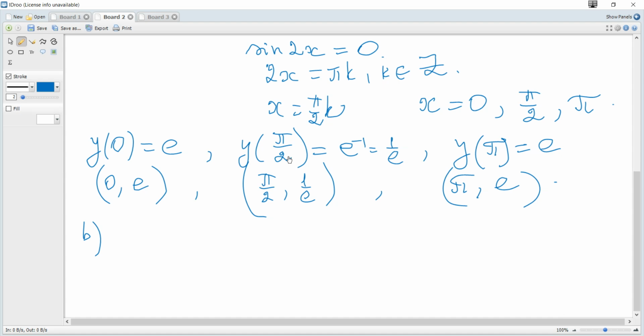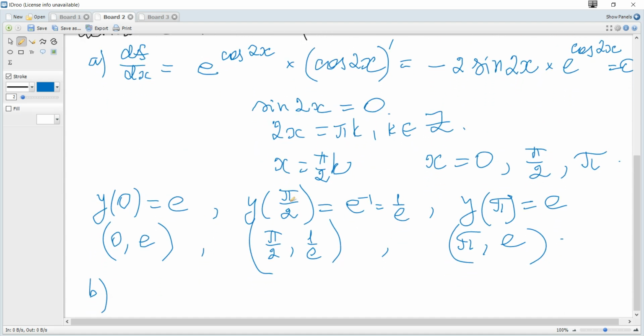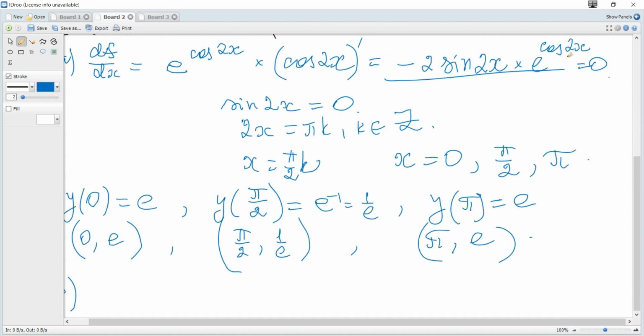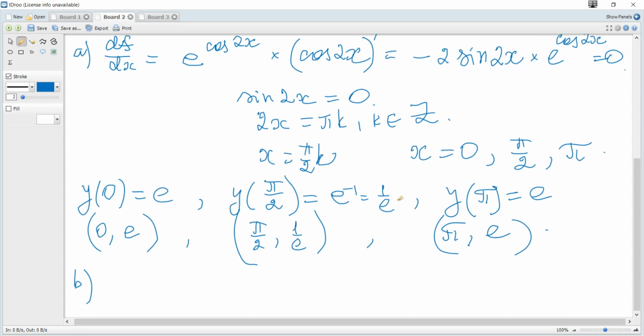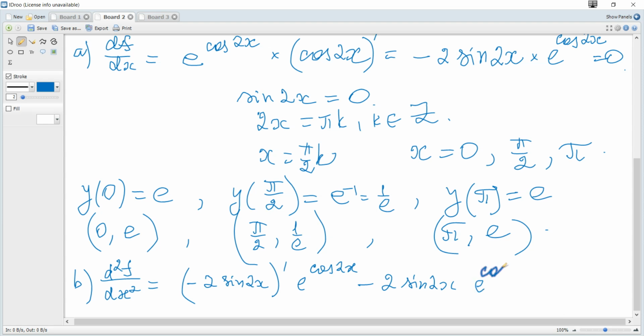and the second derivative is just the derivative of the first derivative. So let's find it. The second derivative becomes, we can see a product, so we apply the product rule, so it becomes the derivative of negative 2 sine of 2x, times e to the power of cosine of 2x, plus negative 2 sine of 2x times the derivative of e to the power of cosine of 2x.